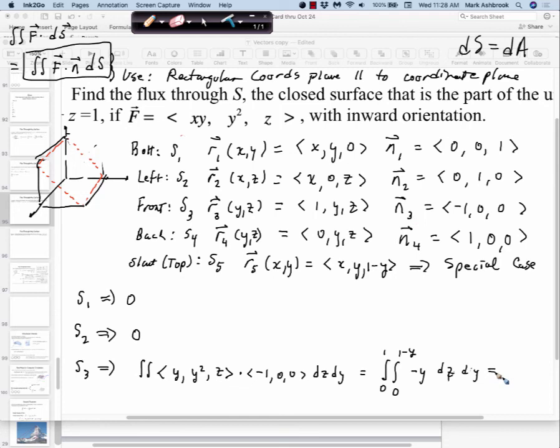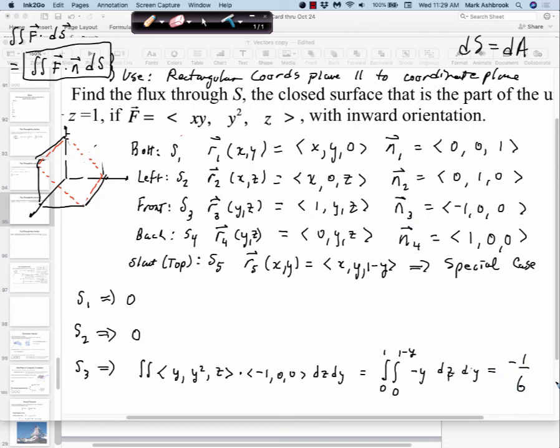Anyone got a value for that? What is it? Is that negative a sixth? Is that what that is? Okay, that's what you got? Cool. If I lost you, ask. It's okay to ask.